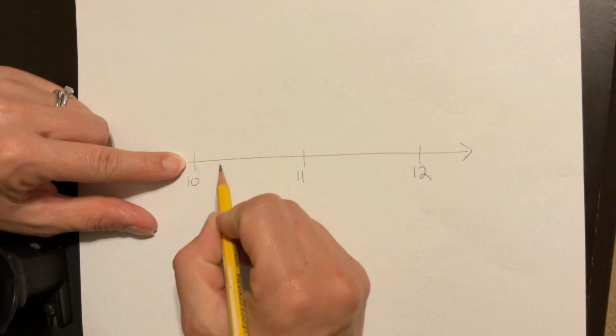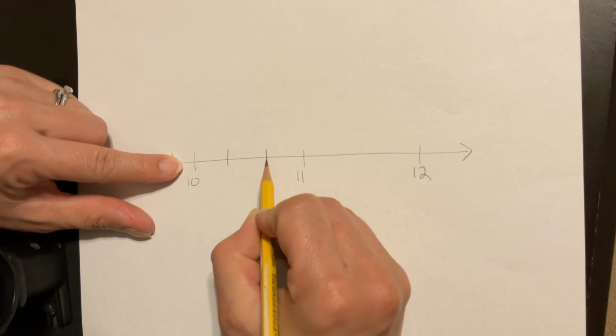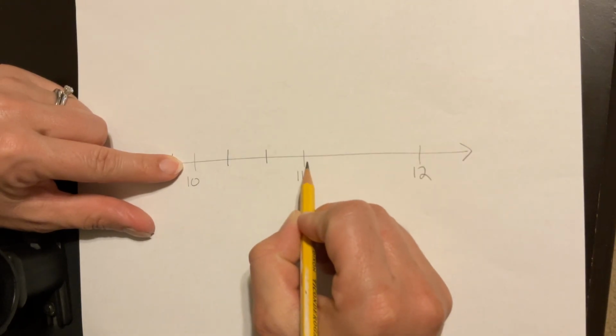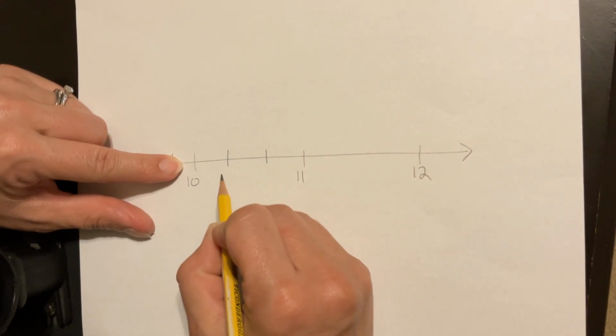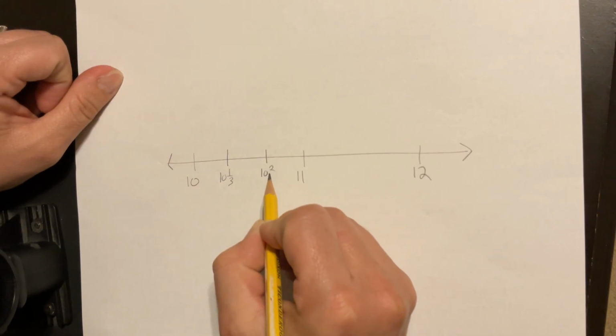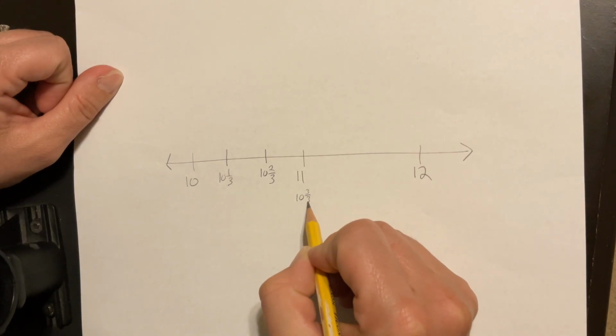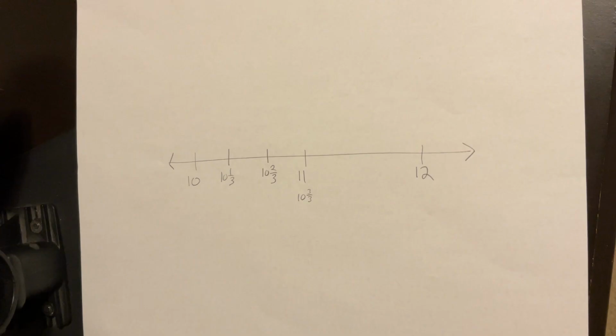So if this is 10, I need to do a 1/3, a 2/3, and a 3/3. So this line would be 10 and 1/3. This line would be 10 and 2/3. And this would technically be 10 and 3/3, which is how you get to your 11.